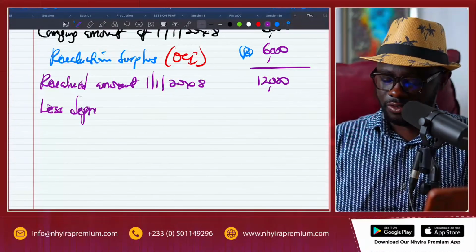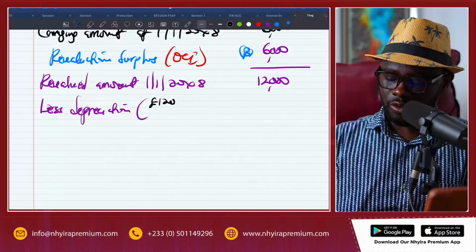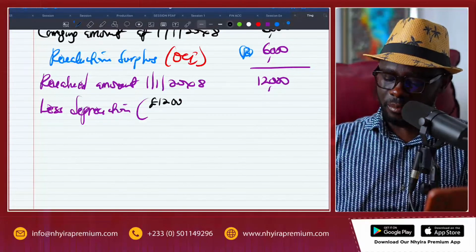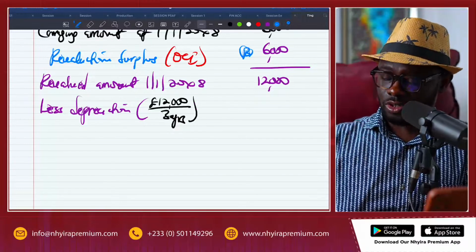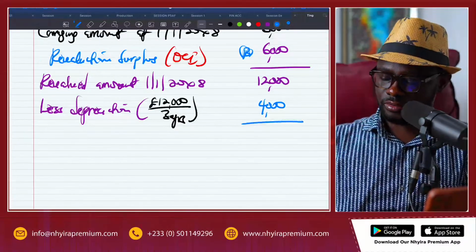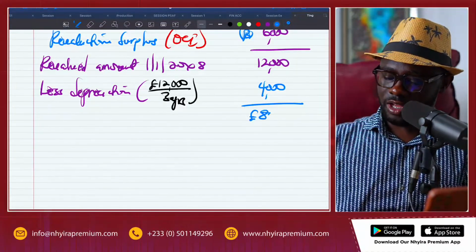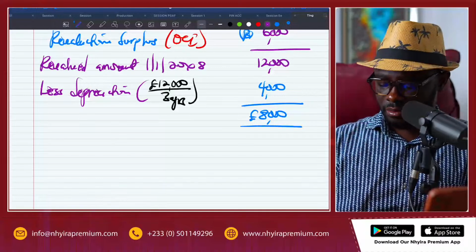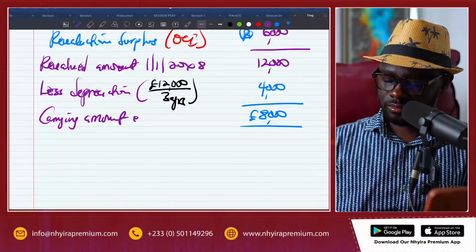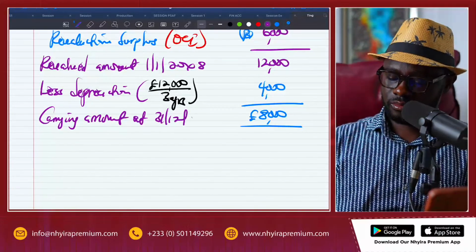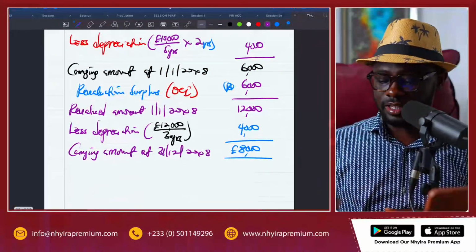We deduct depreciation for the year, and that's going to be the 12,000 over the remaining economic useful life of 3 years. That's going to give us an amount of 4,000. And so we get £8,000 as the carrying amount at the end of the year. And that's the idea about that.